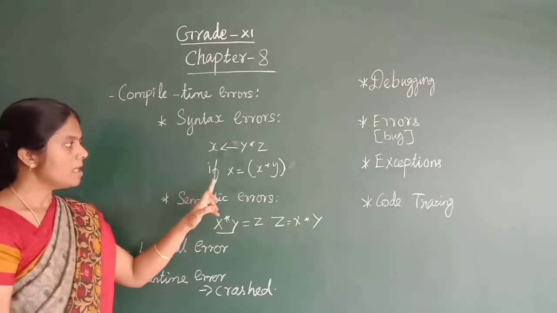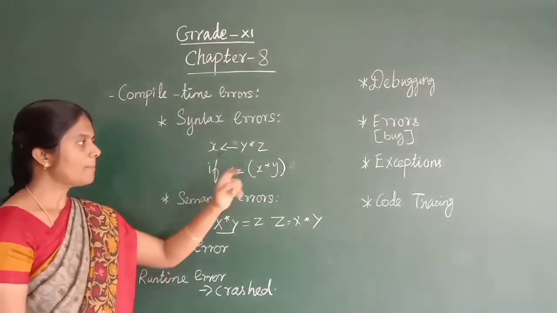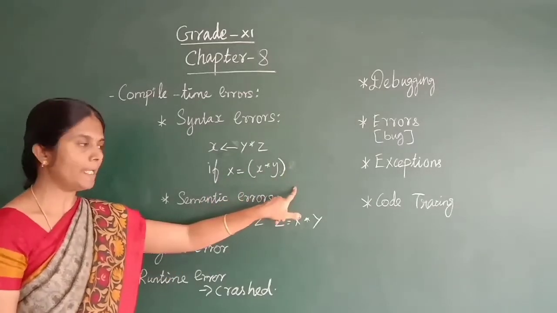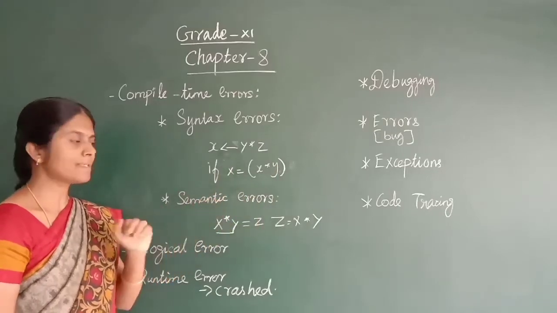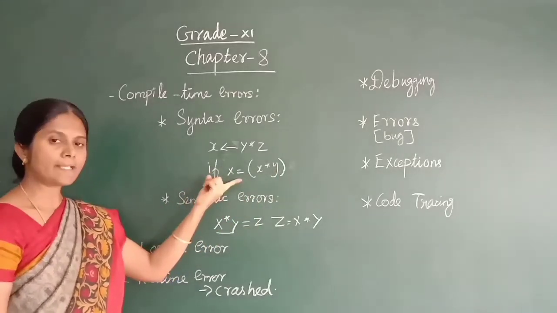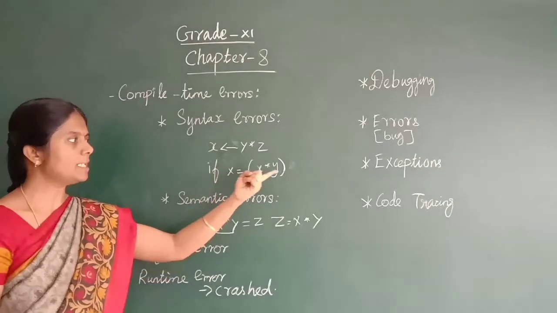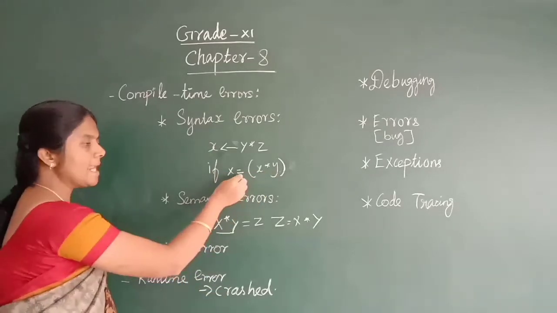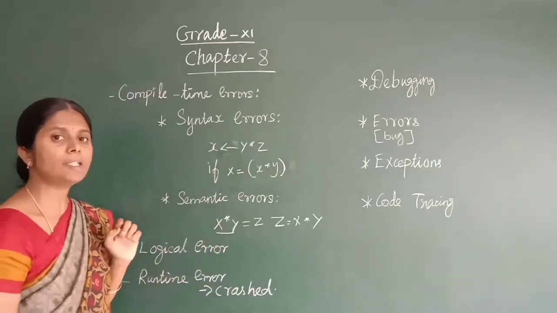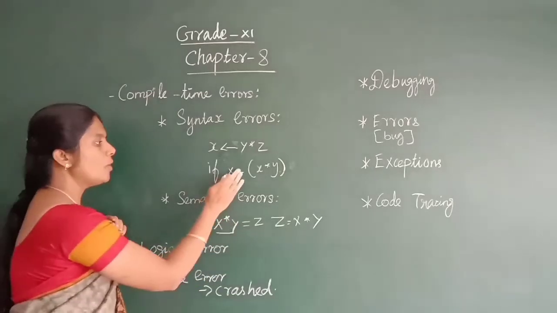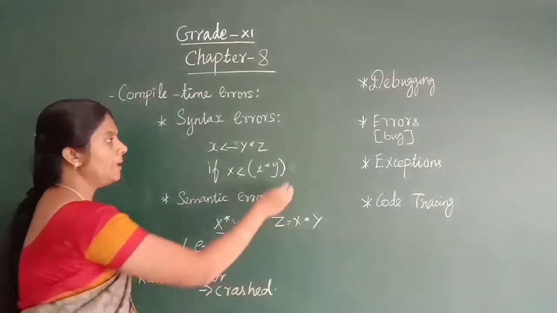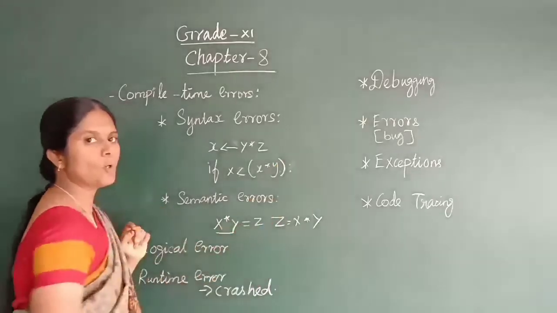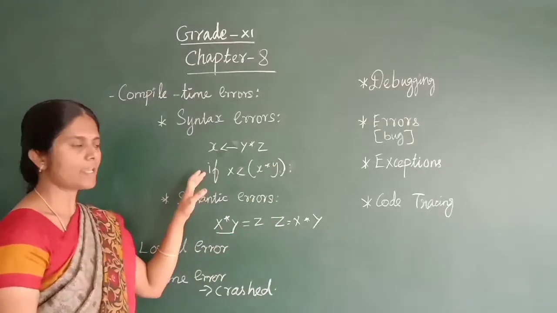The second thing is, if is a conditional statement, it should end with a colon. We have not specified a colon here. That is also a syntax error. And is it X equal to X multiplication of Y? It is an assignment operator. It is not a comparison operator. Yes. So, here X less than or equal to X into Y, ending with a colon, is the only correct statement.